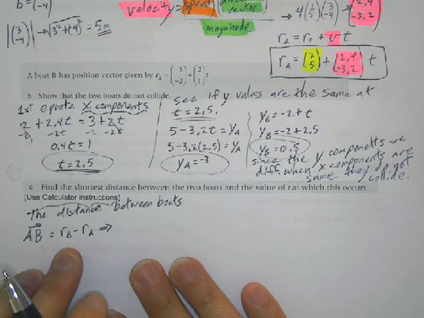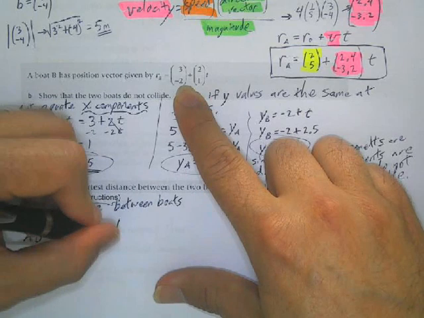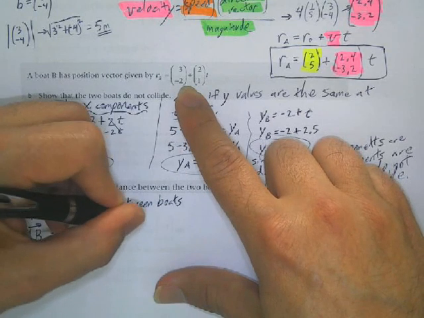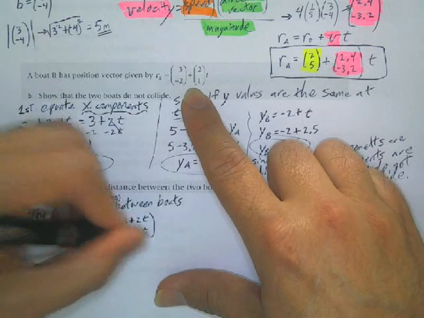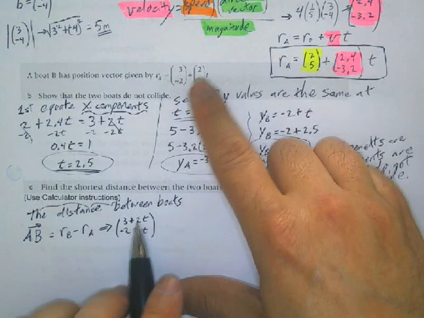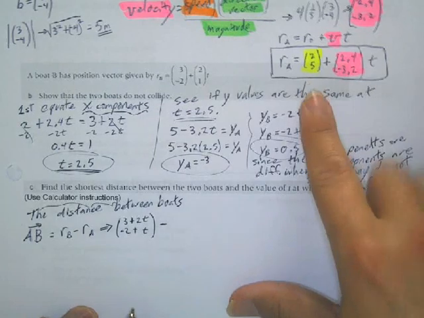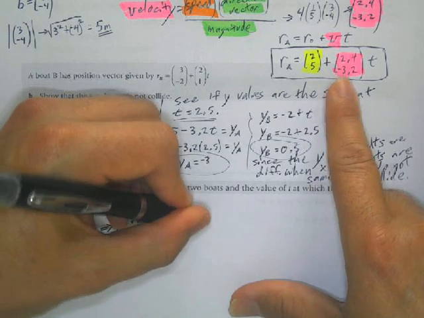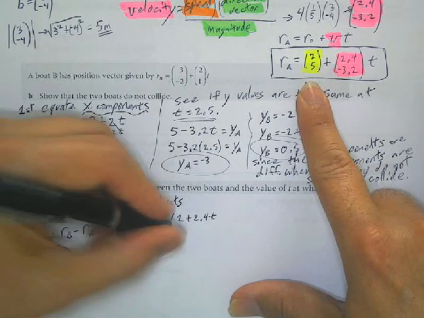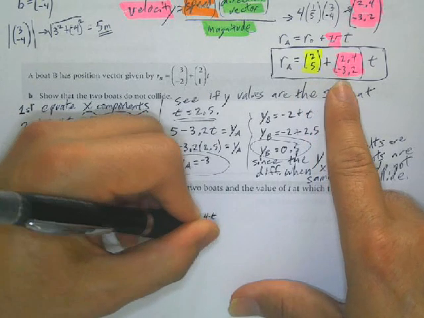So RB is, here we go, 3 plus 2t, negative 2 plus t, that's RB, right? 3 plus 2t, negative 2 plus t, minus RA, which is 2 plus 2.4t, and 5 plus negative 3.2t.